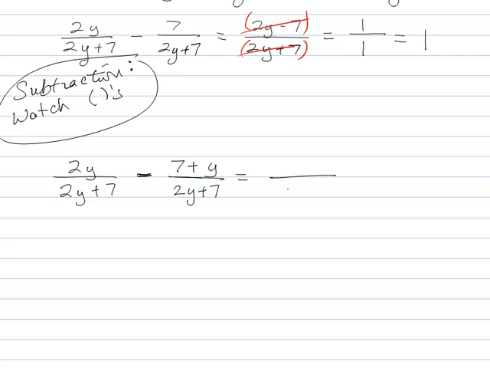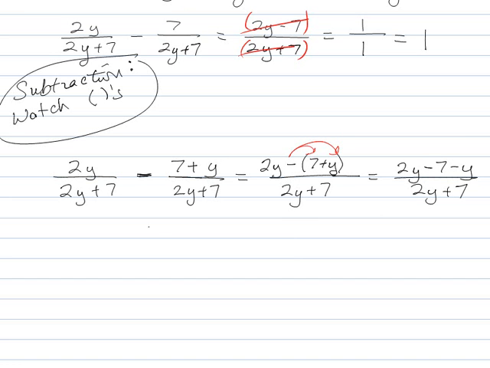Again, the numbers on the bottom are the same. On the top, I'm going to say 2y minus 7 plus y. But it's important to note that that 7 plus y, all of that is getting subtracted off. So to indicate that, I really need to use parentheses. The parentheses are important because now I'm going to distribute that negative across to get 2y minus 7 minus y over 2y plus 7. And then that's going to reduce down to y minus 7 over 2y plus 7.